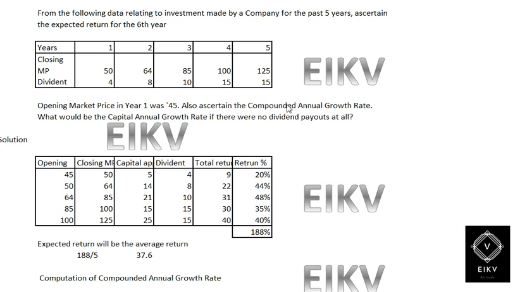Also ascertain the compounded annual growth rate. What would be the capital annual growth rate if there were no dividend payout at all? So if there is no dividend payable at all, then what will be the annual growth rate?